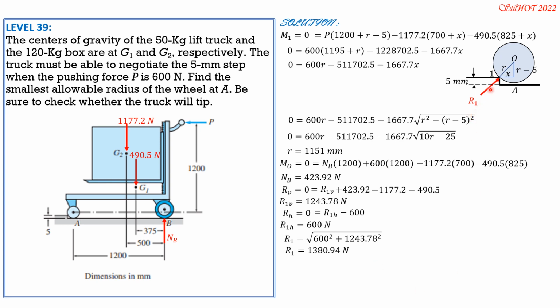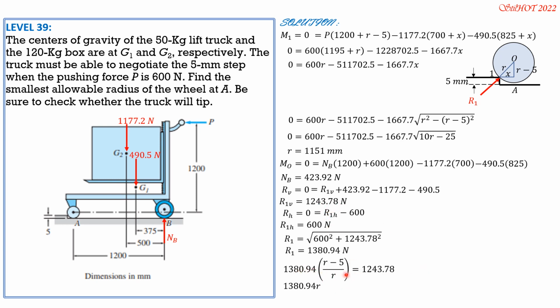We then equate the vertical component of R1 to 1243.78. So the vertical component of R1 in terms of these distances is R1 times (R minus 5) over R. So 1380.94 times (R minus 5) over R equals 1243.78.